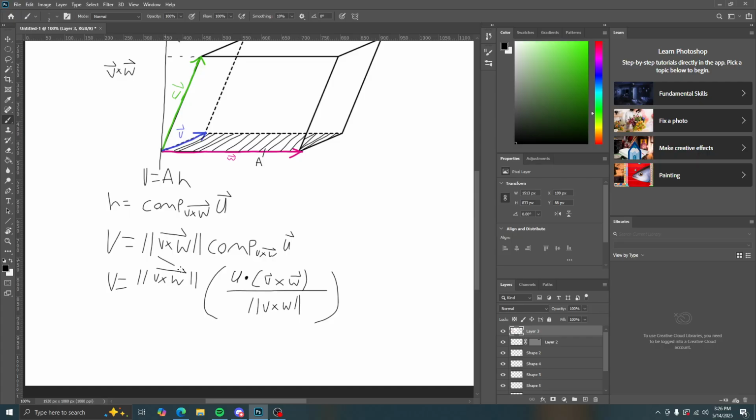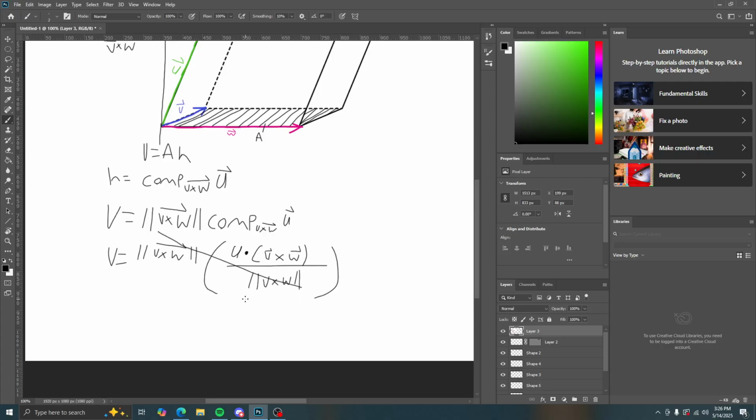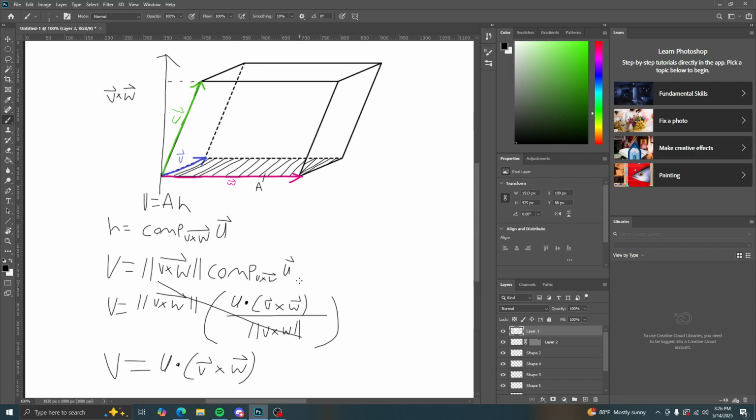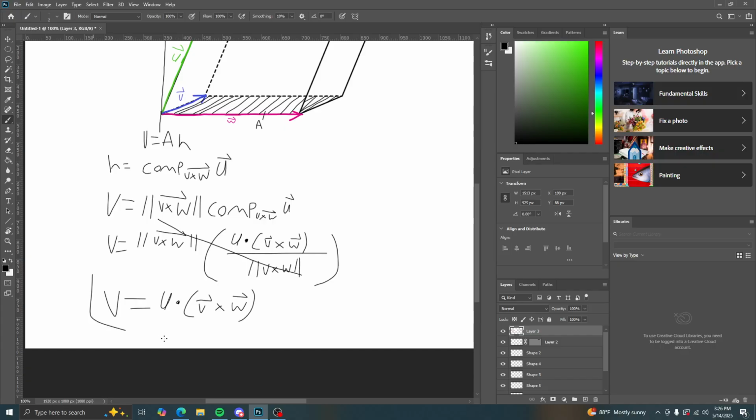So now these two cancel out, and we're left with the volume equal to the dot product of u and the cross product of v and w, which is the triple scalar product. So the volume of a parallelepiped is equal to this.